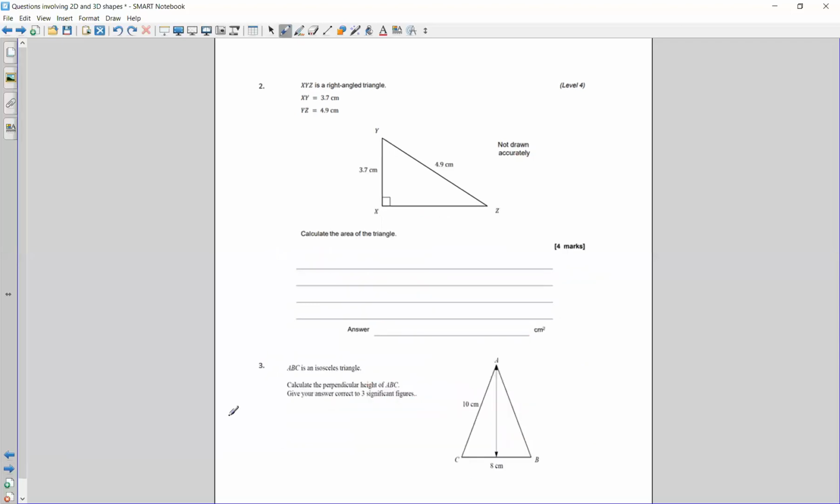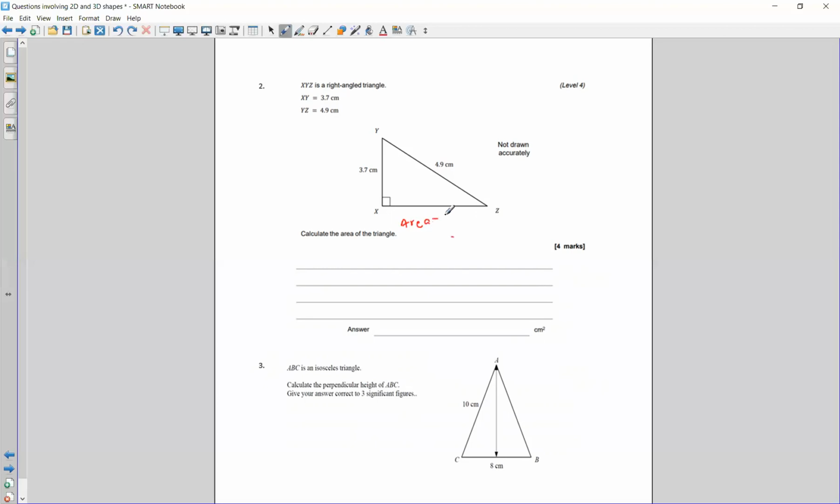Now, the next question involves area. Remember what area is equal to. Just reminding you very quickly, the area of a triangle, you might have to remember this formula for the exams. So the area of a triangle is equal to base times height divided by 2. Remember that?